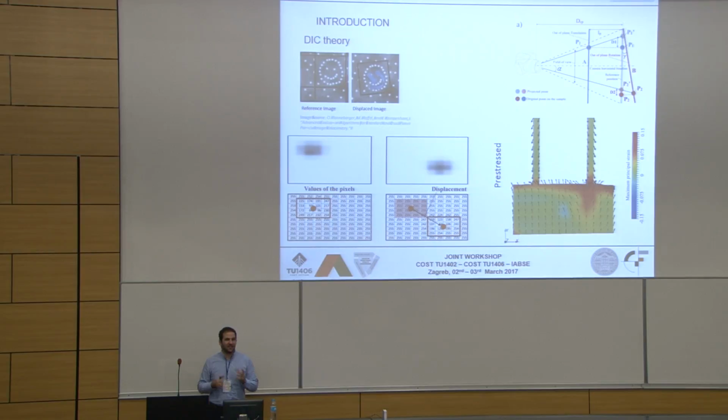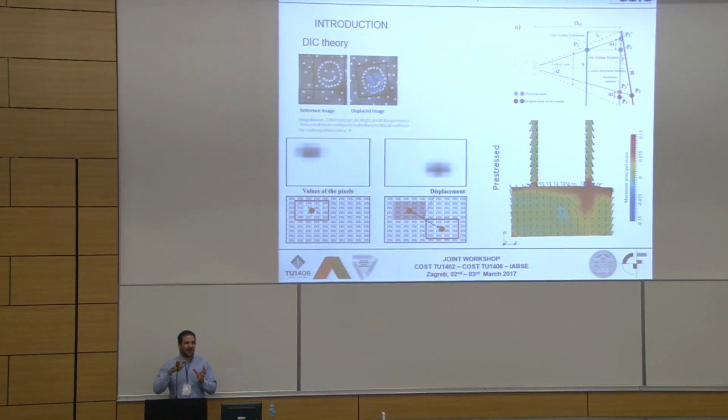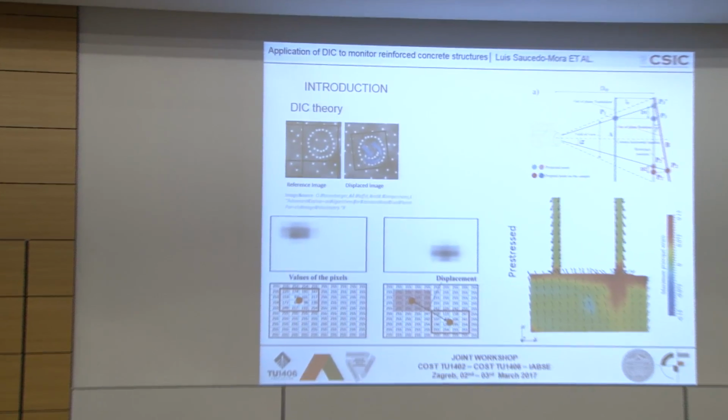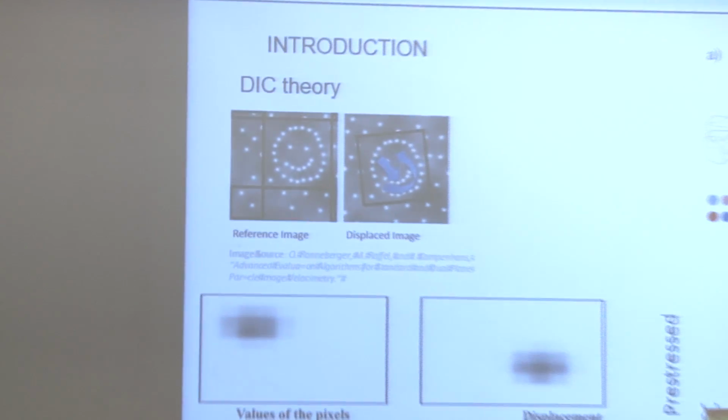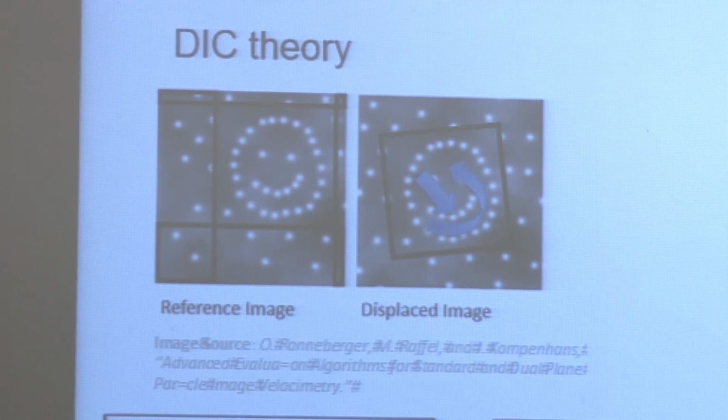the basic theory is that we have pictures taken with a regular reflex camera. You take a picture of your reference sample, then you apply a deformation, and you take another picture, and then you compare one with the other. You just need to track the points, and you have the displacement and rotation of each point.